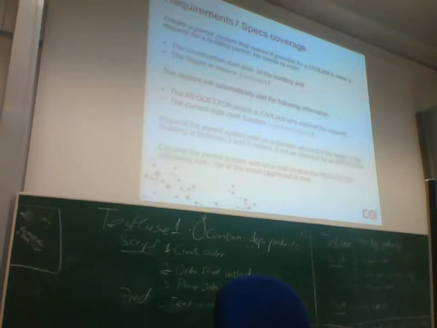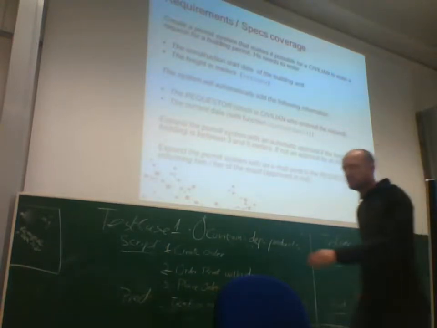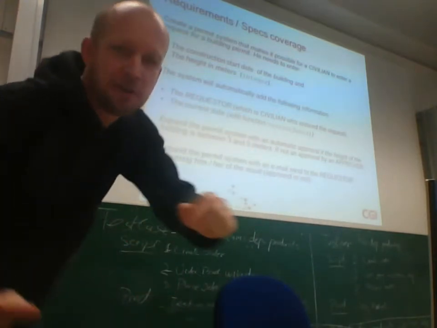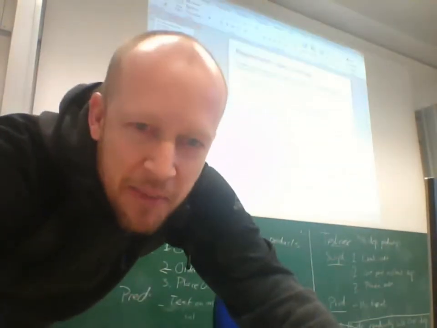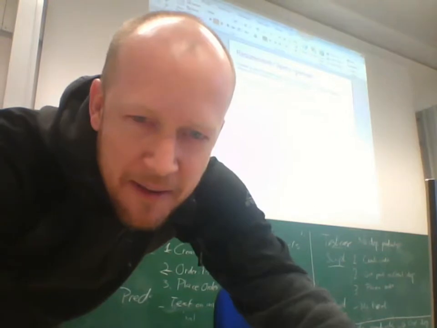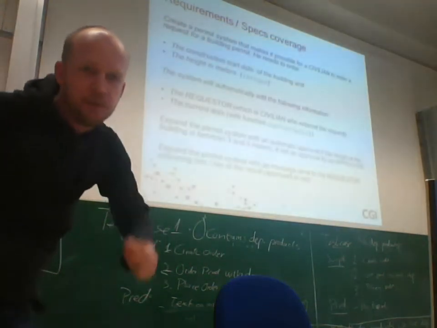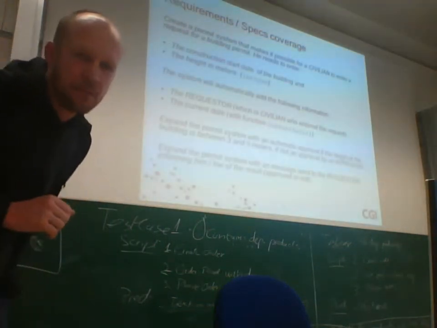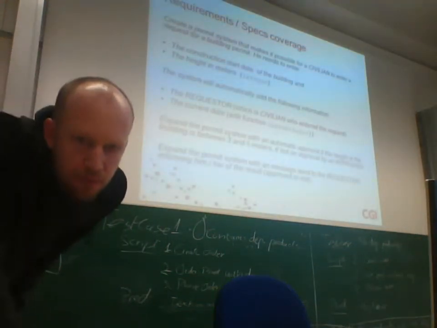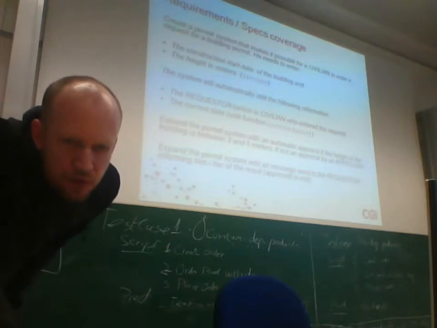Right. And the second change in the requirement will be to expand the permit system with an email message, sorry, we're not using emails, we're making it messages, message, sent to the requester, informing him of the result, approved or not.